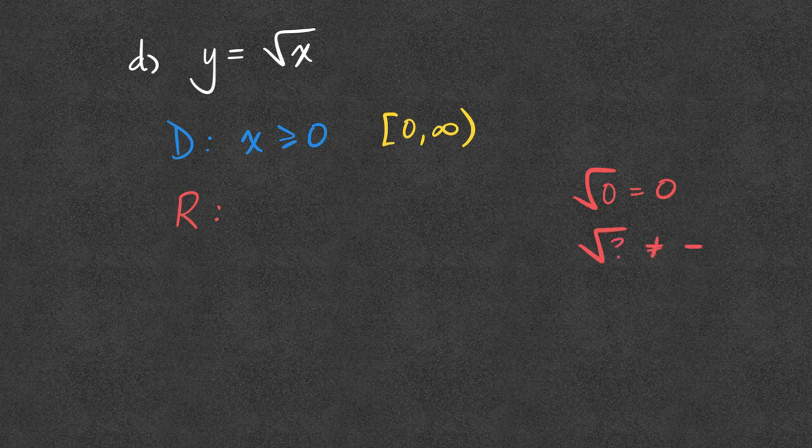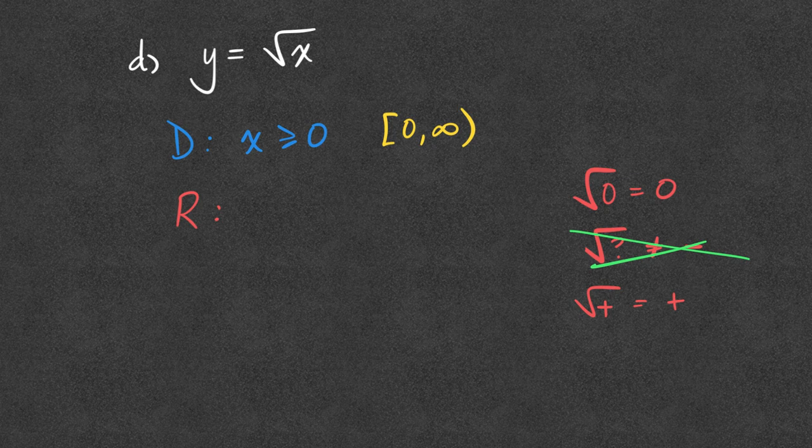Look at the sign out in front of that square root. It's positive, so I'm never going to get negatives. When I take the square root of a positive value, I'm going to get positives. So what I don't end up getting then are any negative values. I can get 0 and I can get positives.